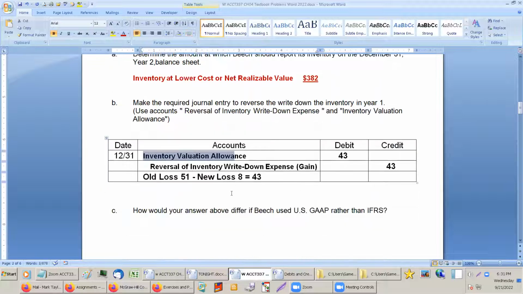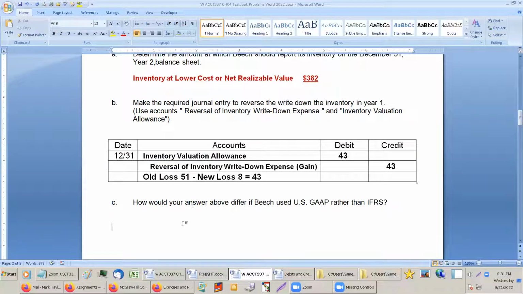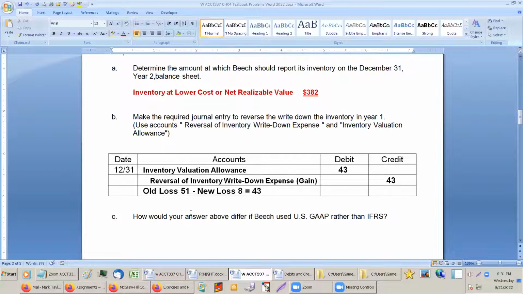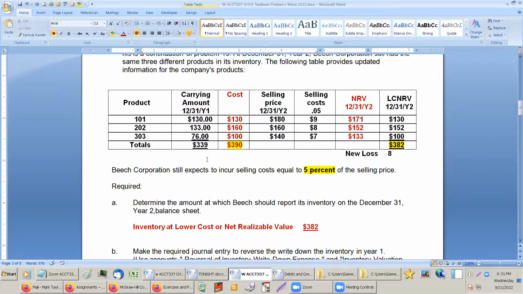And that allowance account would now be down to 8. It looked like this.